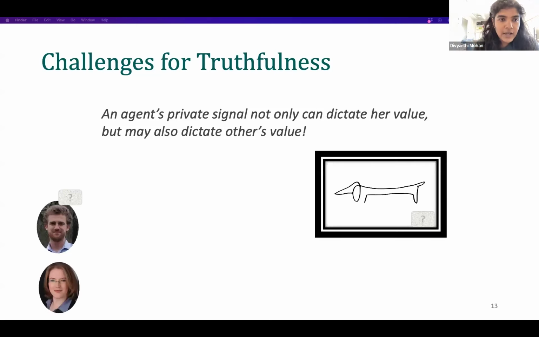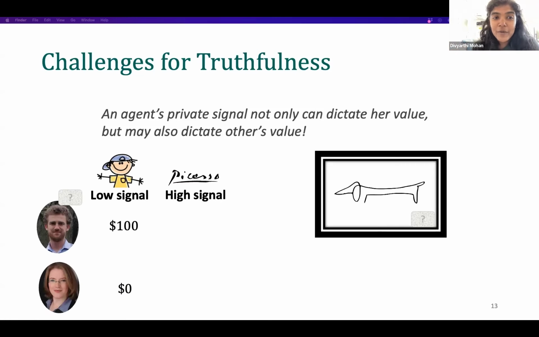For example, consider that Simo and Rebecca are in an auction to win this painting, but Simo has some information about who has painted this item. He knows whether this was painted by a child, let's say Rebecca's child, or he knows that this was actually painted by Picasso.